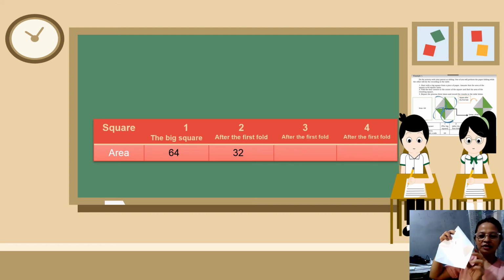Now, again, we will continue the process. We will again fold this corner here to the center to make another square.